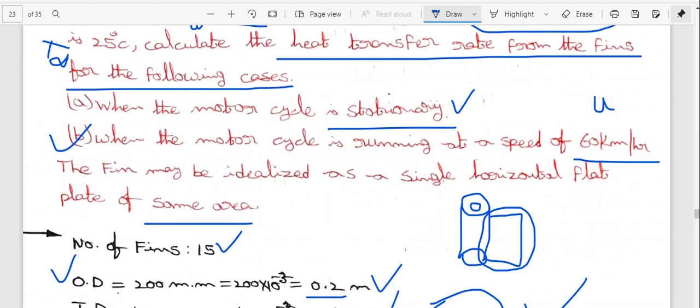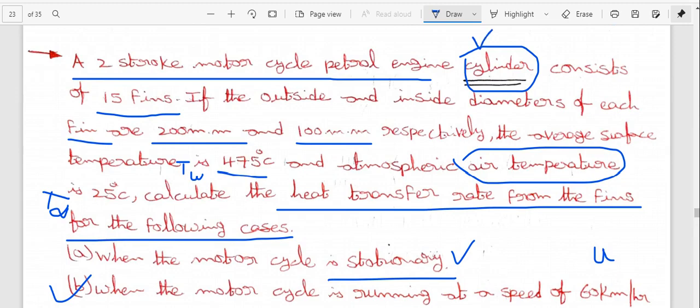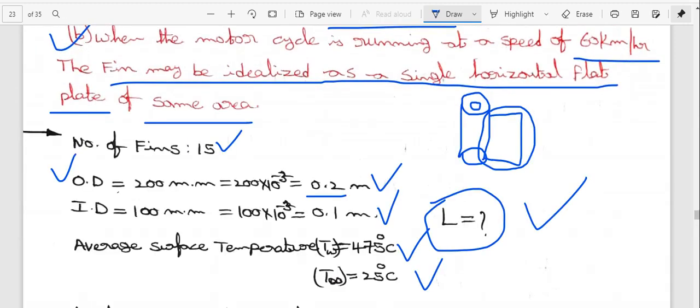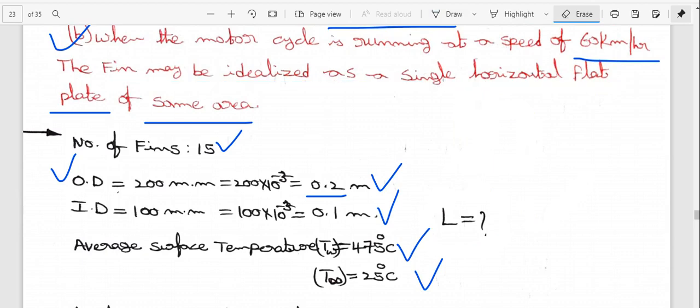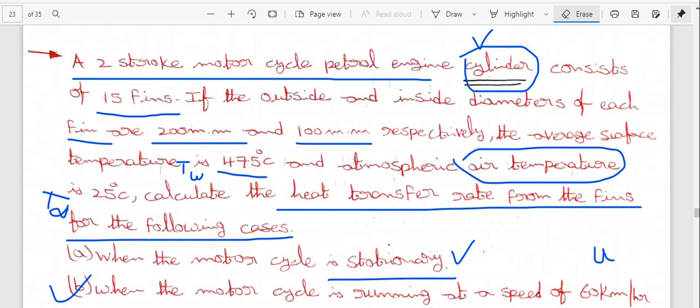Whether we check it or not, we all know the fin may be idealized as a single horizontal flat plate. In this question the cylindrical object is mentioned and we need to calculate for flat plates. That's why I am considering flat plate formulas for free convection and forced convection. Don't get confused in this question.